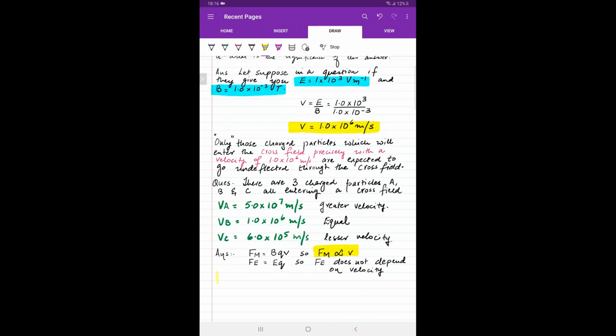जो पहला वाला था, which is A, so velocity of A is greater.